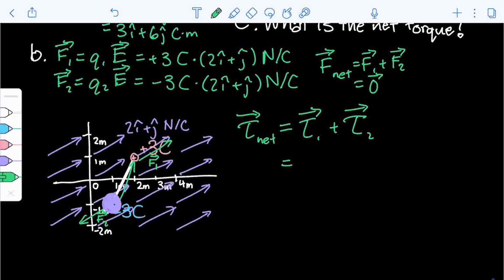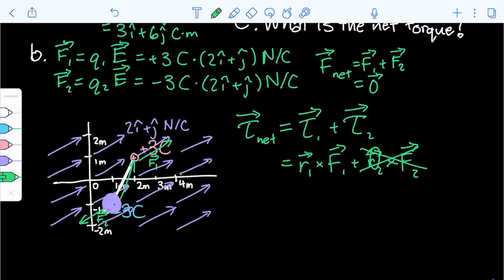The torque of a charge is determined by its position compared to our chosen origin point, cross the force it feels, and the same with the negative charge. However, the position of the negative charge is 0 with respect to the center of rotation, so this R2 is literally just 0, and we can completely ignore this term.